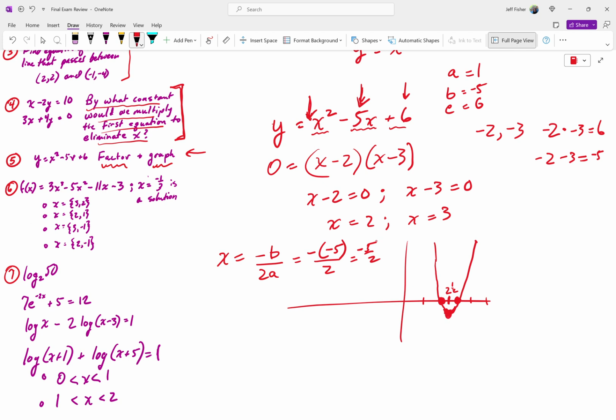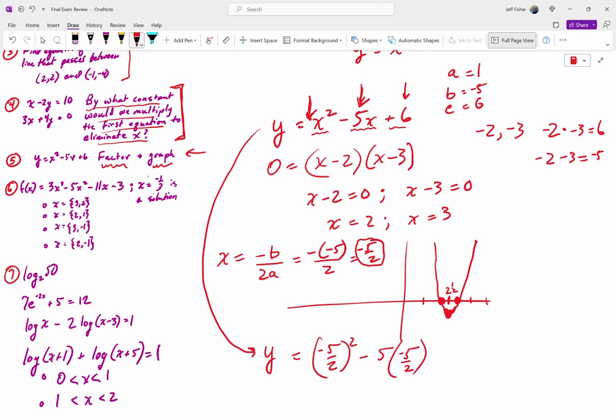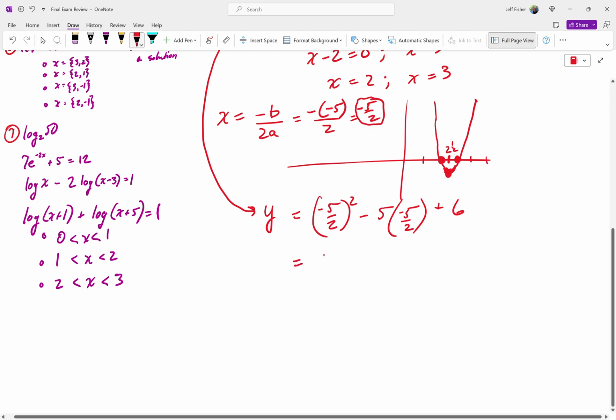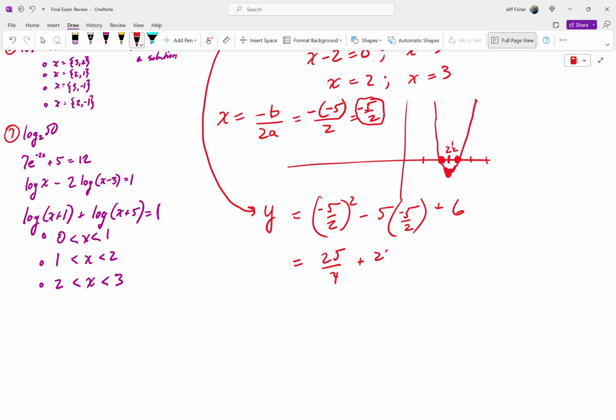Okay, so that's the x-coordinate. And the y-coordinate we find just by plugging 5/2 back into the original equation. So y equals (5/2) squared, minus 5 times 5/2, plus 6. Solving this, we get 25/4 minus 25/2 plus 6.